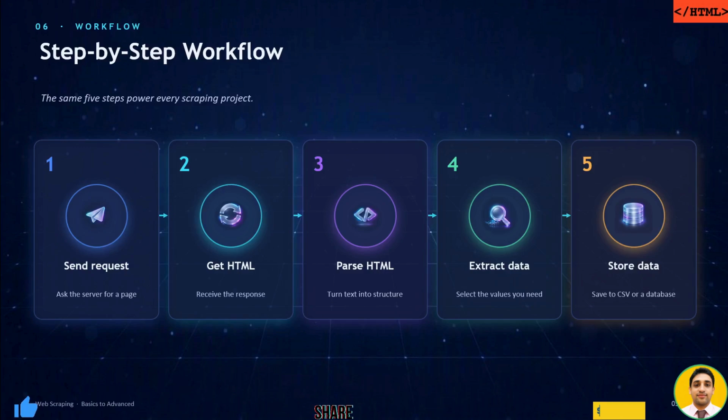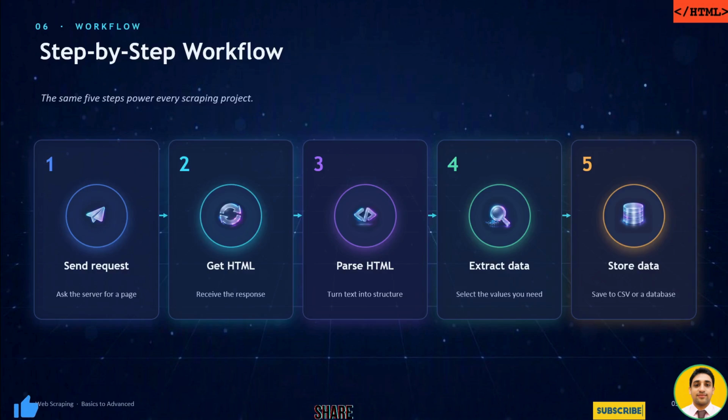Fourth, we extract the specific data we need using selectors. Finally, we store the extracted data in formats like CSV files or databases. This cycle, request, receive, parse, extract, and store, is the foundation of all web scraping tasks.